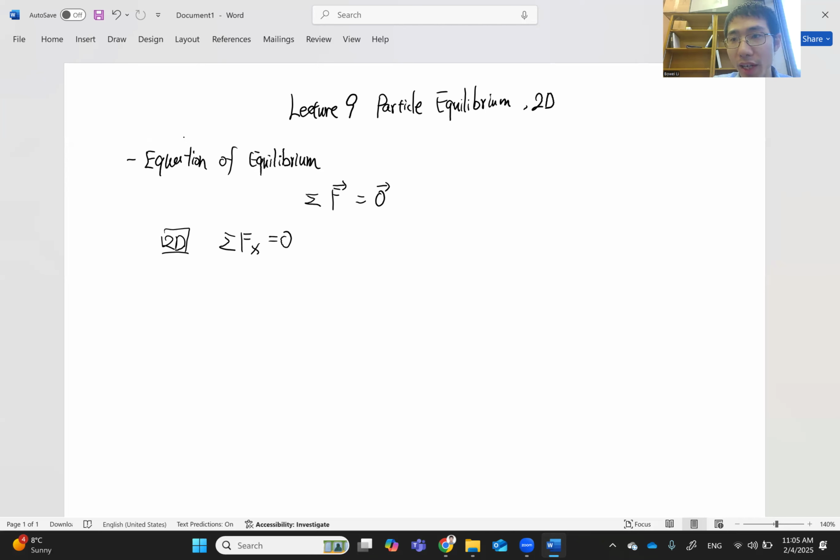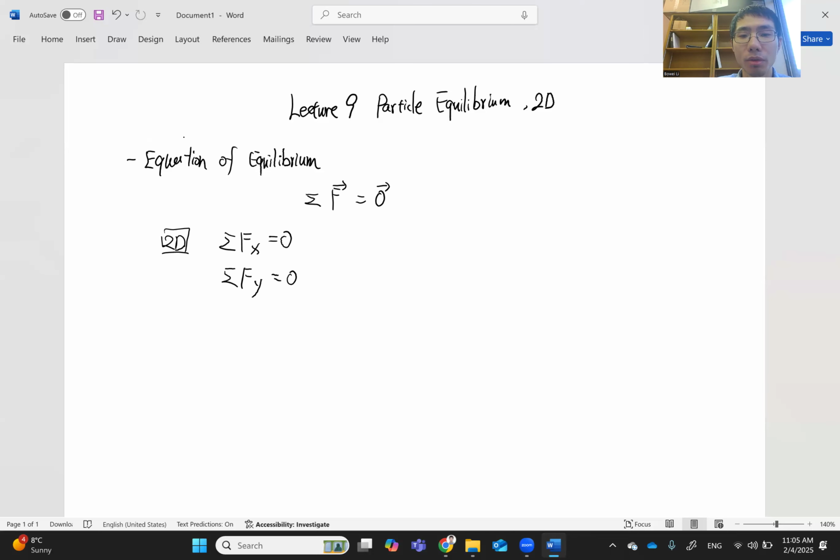In other words, according to what we learned in the previous class, the summation of all forces along the x direction is actually the x component of my resultant force, right? So it is saying that when a system is in equilibrium, the x component of the resultant force equals zero, and the y component also equals zero.